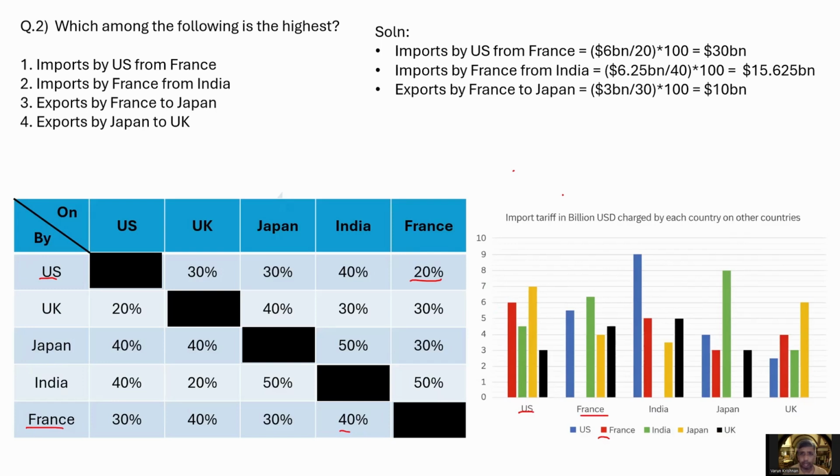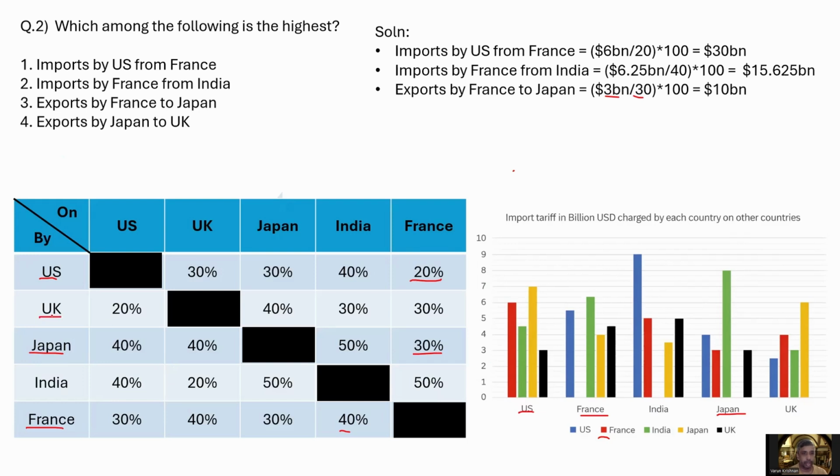Simple calculation. Similarly, next, exports by France to Japan. Exports by France to Japan means Japan is importing, so Japan will be levying the tariff on France. By Japan on France is 30%. And Japan is importing from France, which is red, equal to $3 billion. So 3 billion by 30 into 100 gives me $10 billion. And finally, exports by Japan to UK, which means the UK is importing.